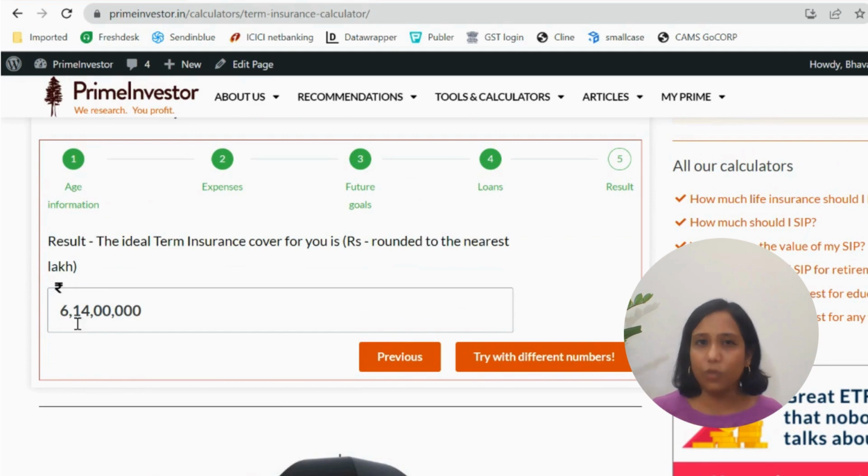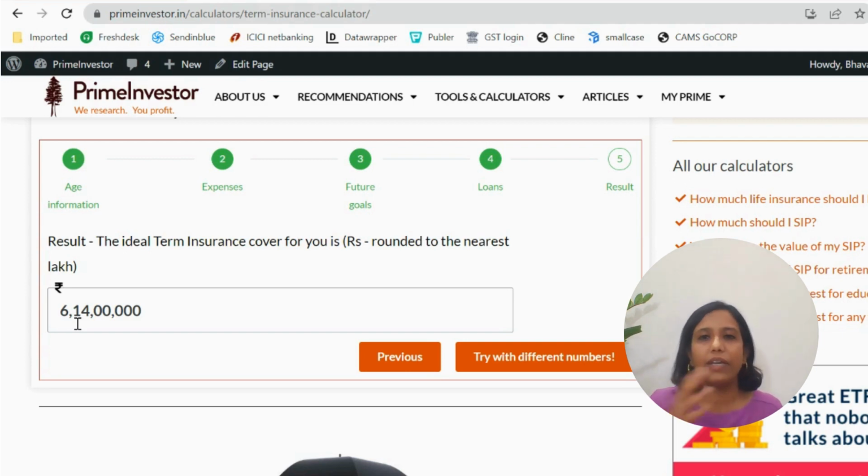Okay, so it's not thumb rules, it's not general assumptions. You decide how much cover you need based on your expenses, your goals, your debt, so that you do not wind up underinsured. Like, suppose you took a 1 crore policy, this is clearly going to be underinsured. Or suppose you took a 5 crore policy, you would still be underinsured.